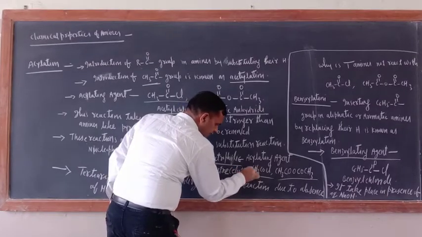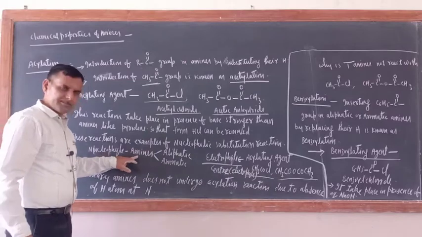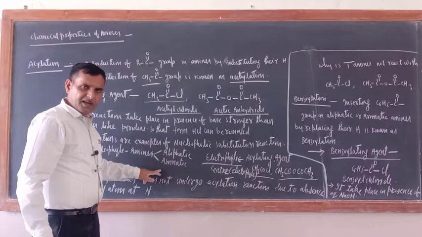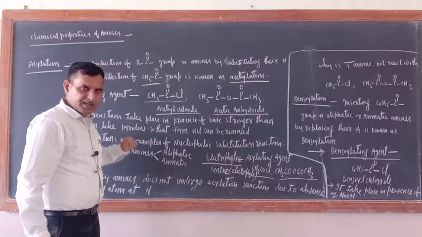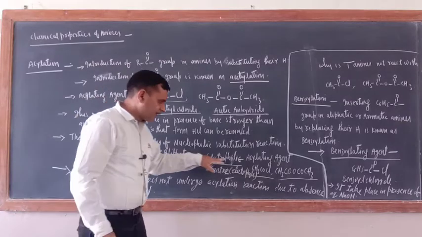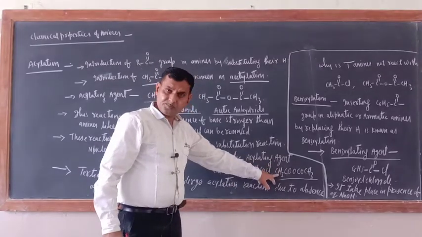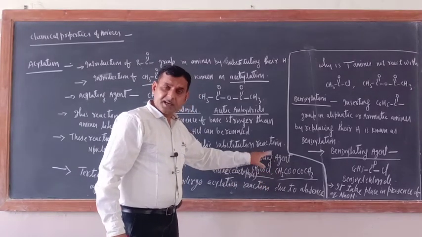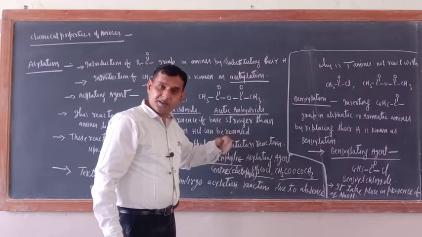Okay, so just try to understand here, amines may be aliphatic or aromatic. Their nitrogen has a lone pair of electrons, that is why they are nucleophiles. And here, let it be acetyl chloride or acetic anhydride, a carbonyl group is there, C double bond O, and you know the carbonyl group is a polar group.